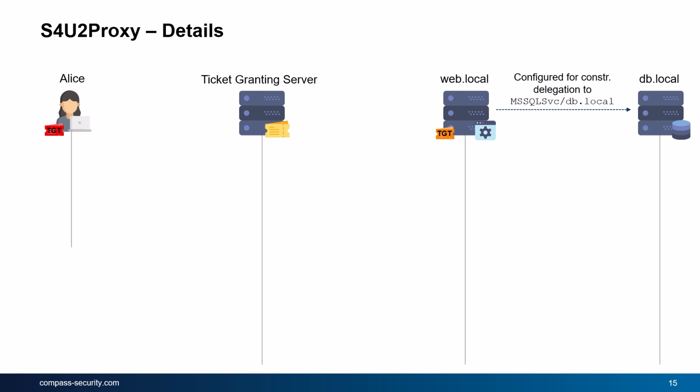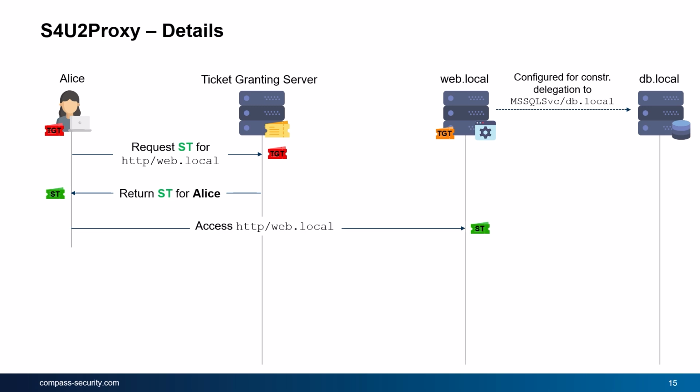So what happens first in our process is that when the user wants to access web.local, Alice will request a service ticket for the respective service principal name. So that could be HTTP/web.local. And when everything is in order, so the TGT is valid, the service ticket will be returned. With this service ticket, Alice is then able to connect to web.local and authenticate herself by means of the service ticket.